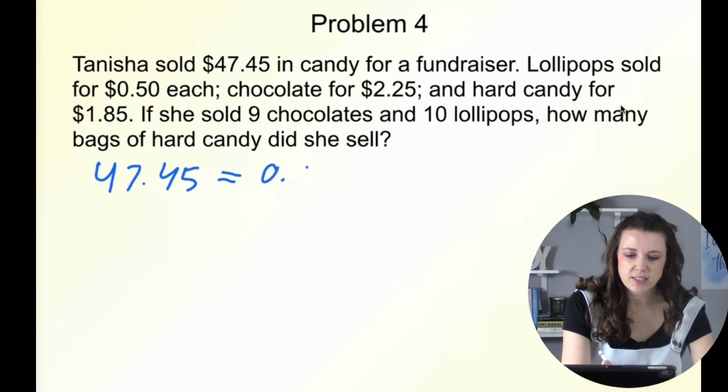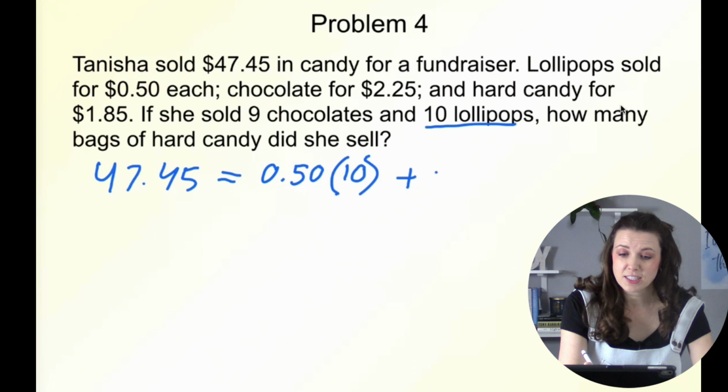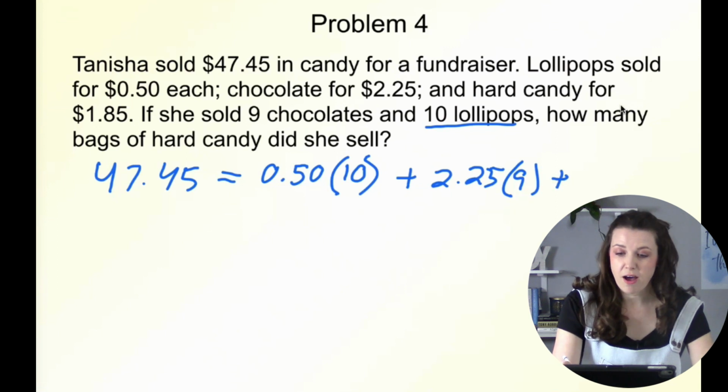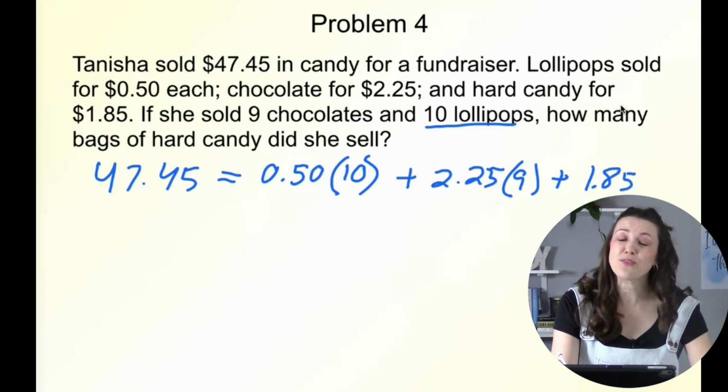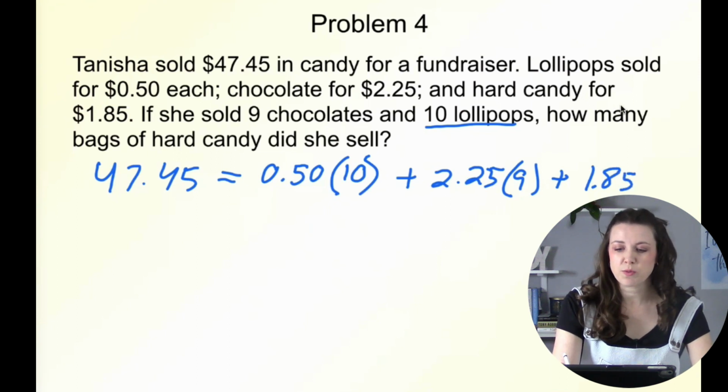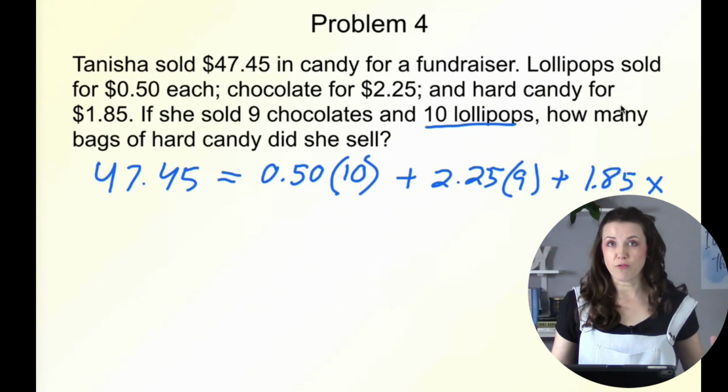So I have 0.50 times, you can see here she sold 10 lollipops, so I'm going to multiply that by 10, plus the chocolate was $2.25, and she sold 9 chocolates, plus hard candy, $1.85 for hard candy, but I don't know how many she sold, so I'm just going to put that as X, but really I could put in any letter I want. I could put an H for hard candy, a C for candy, whatever. Now I'm just going to solve this.